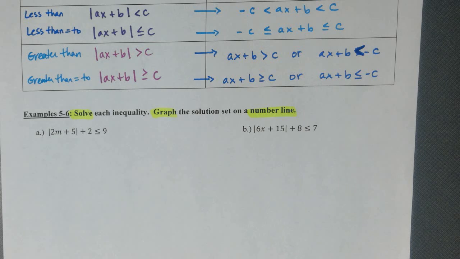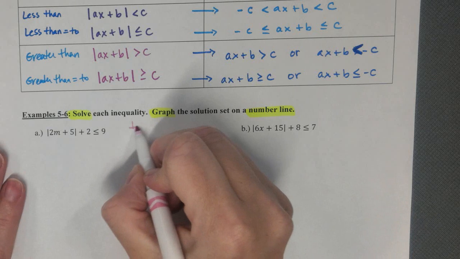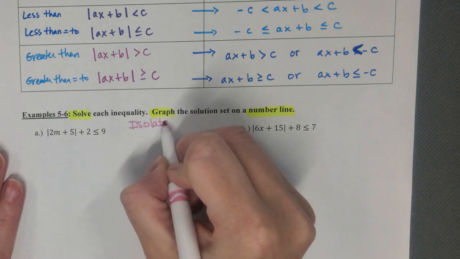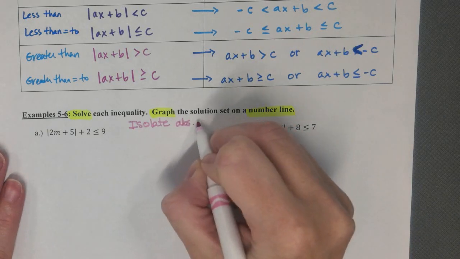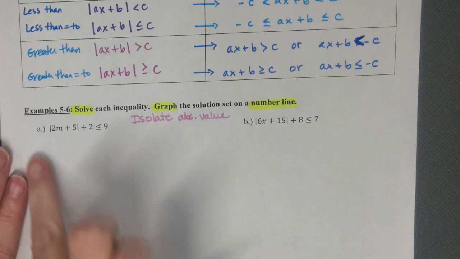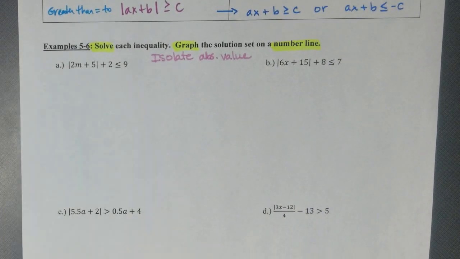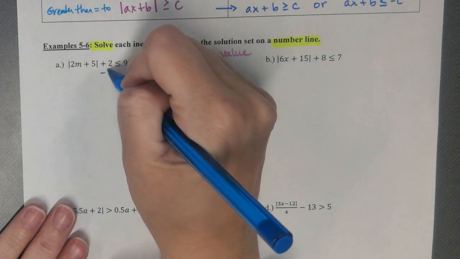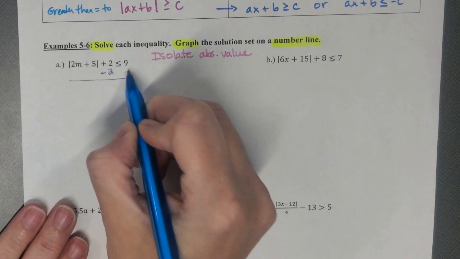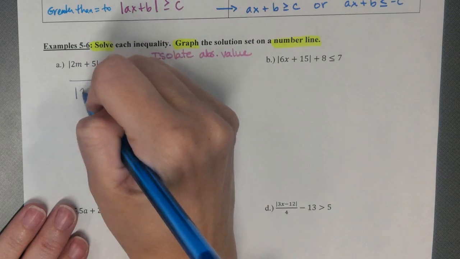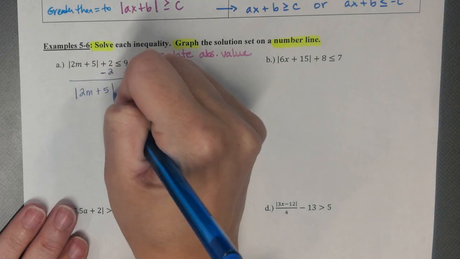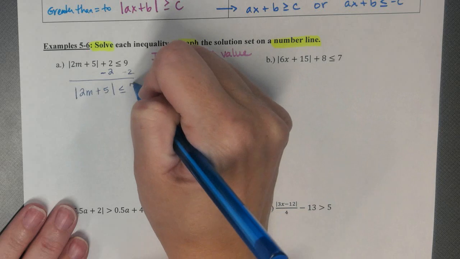Just like we did yesterday, the first thing you want to do is isolate the absolute value. How am I going to get this absolute value by itself here? Yep, subtract the 2. So then I have the absolute value of 2m plus 5 is less than or equal to 7.